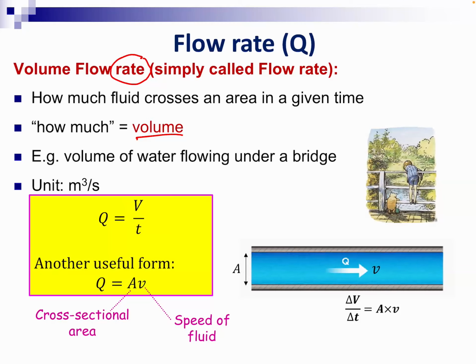So if we look at the units for flow rate, the unit for volume is meter cubed. That's the base unit for volume. And the unit for time is seconds. So therefore, the unit for flow rate will be meters cubed per second.